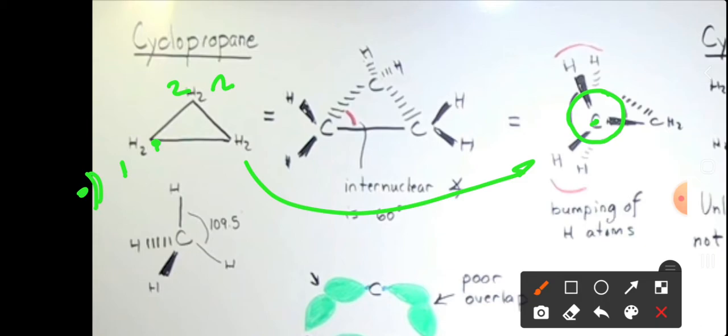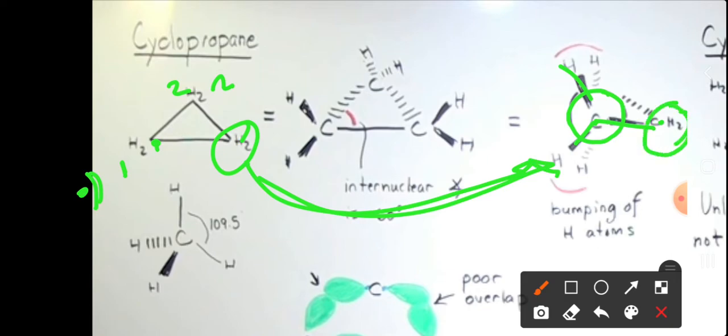This carbon is attached with this hydrogen and this carbon. This carbon is common to both the front and back carbon. This is the side carbon, shown at the side.